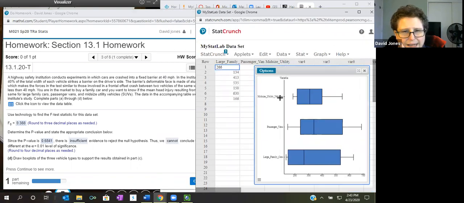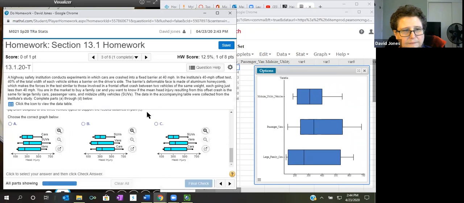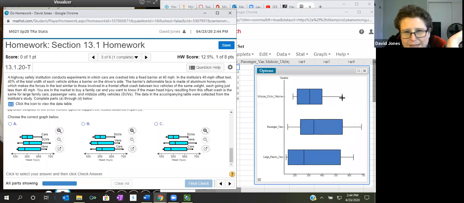So I've got SUV on top, vans, and family cars. For me, I've got SUVs on top, vans, and cars. B and C have that. A could work if we just change the order. Let's see what it looks like though. B, my graph over here, the SUV has the largest low end and the smallest high end.